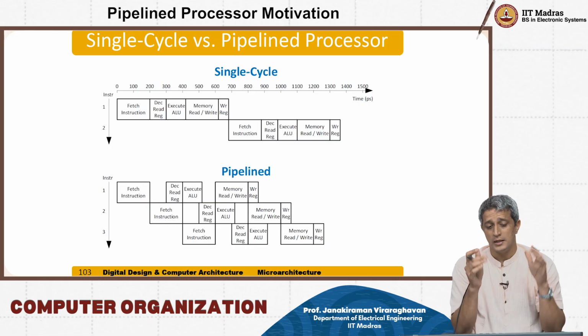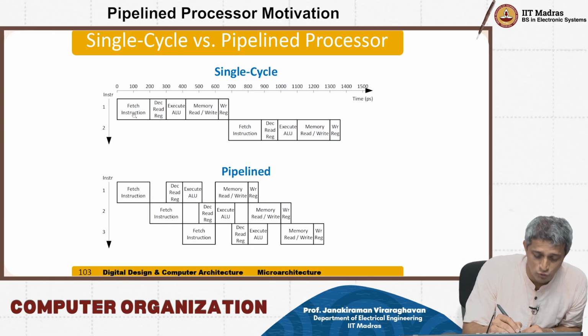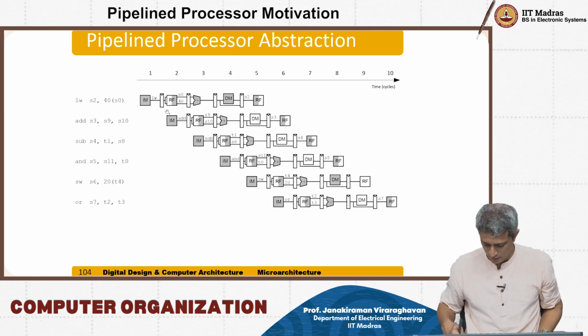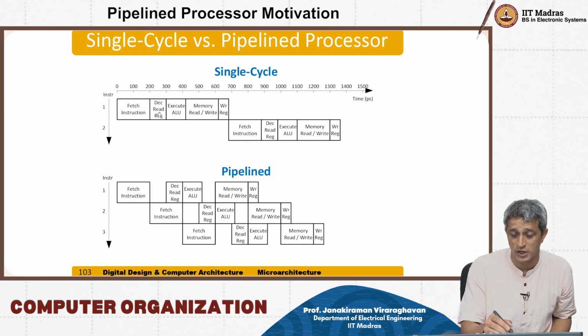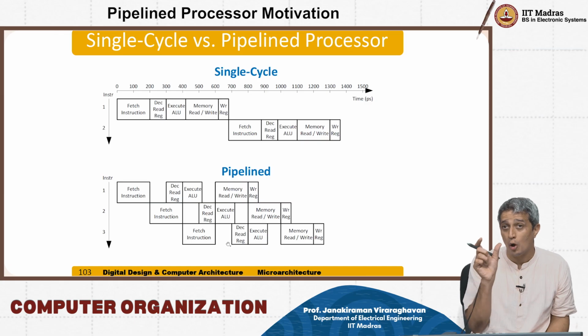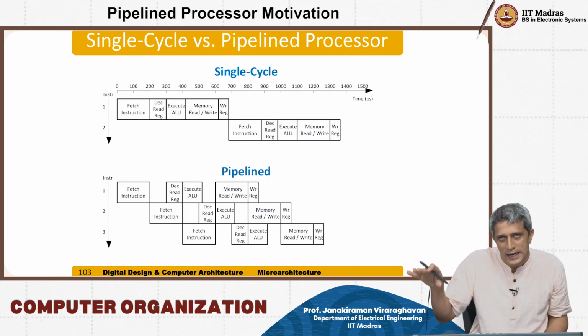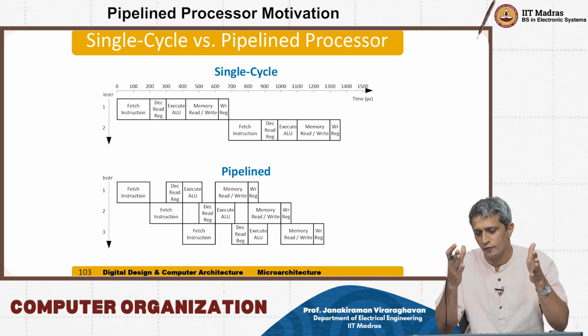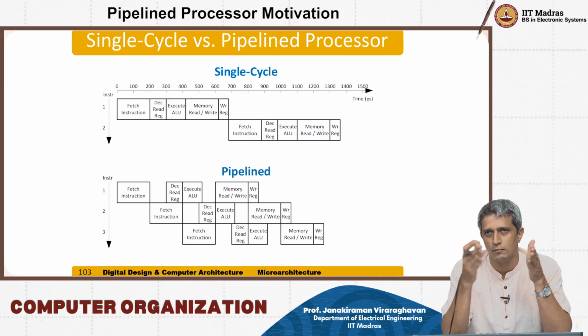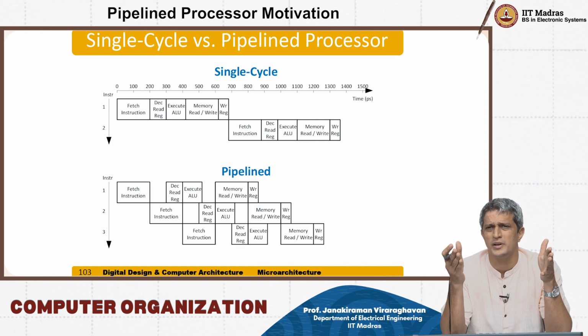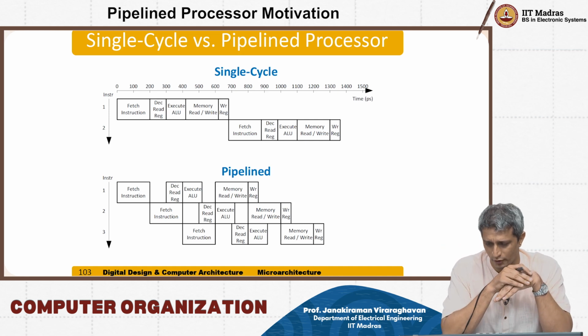These individual blocks that you see are basically combinational delays, which were all adding up in the single cycle execution, and therefore we got a period of nearly 680 picoseconds or whatever.